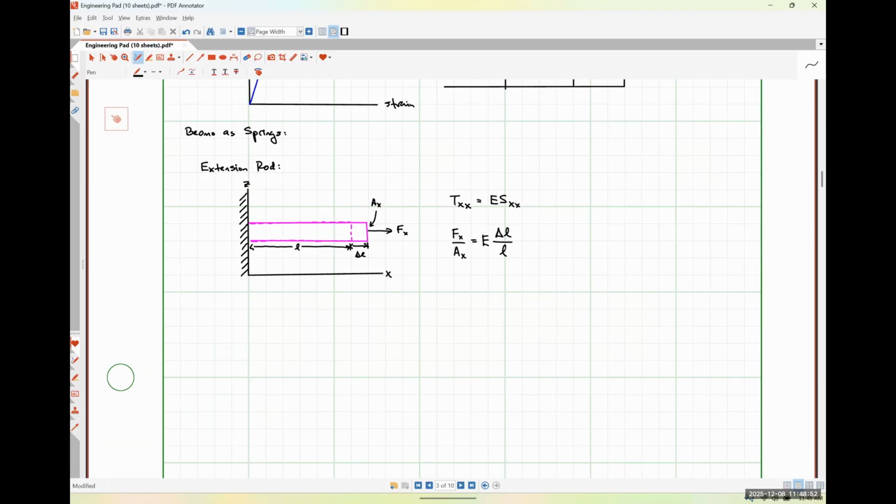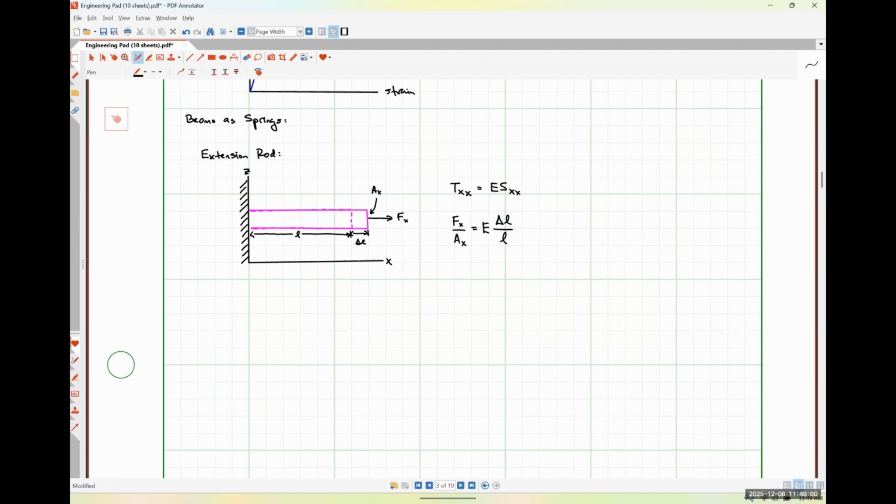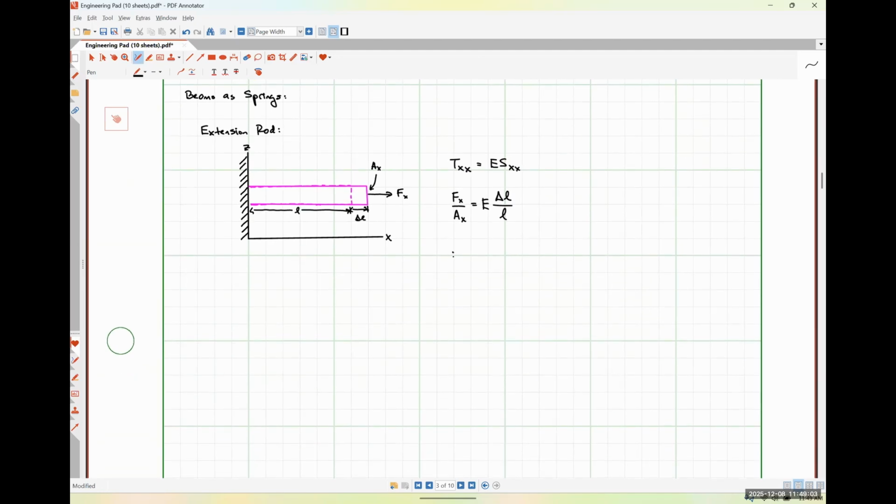So what I'm going to do really quickly here is I'm just going to algebraically manipulate this thing. Okay. So I'm going to say that my force is equal to Young's modulus times my area times my change in length over my length.